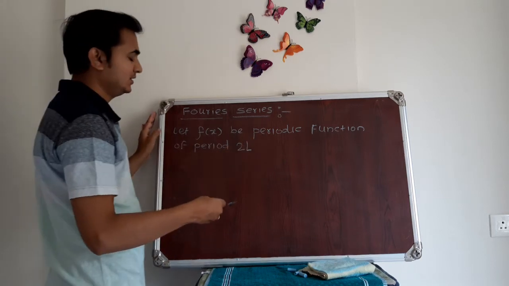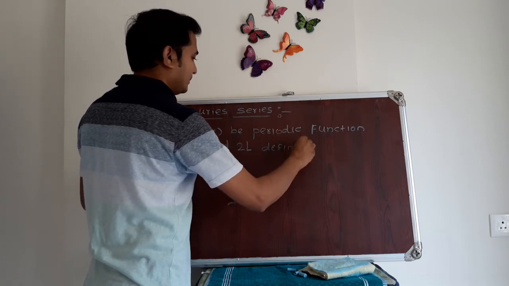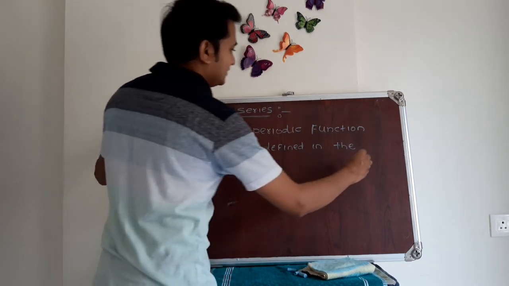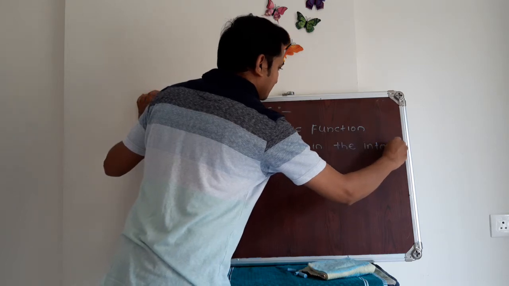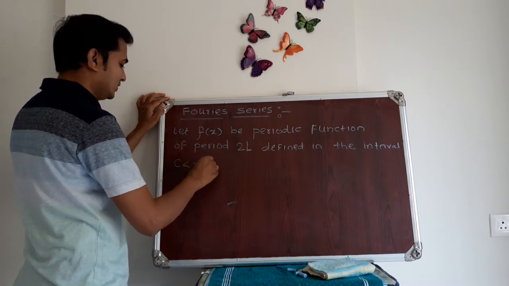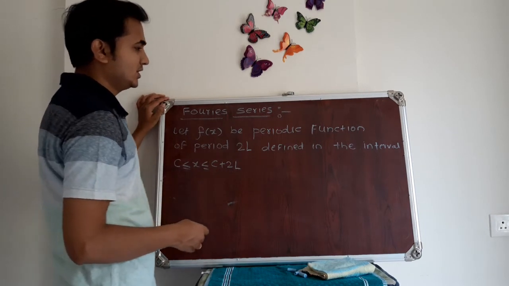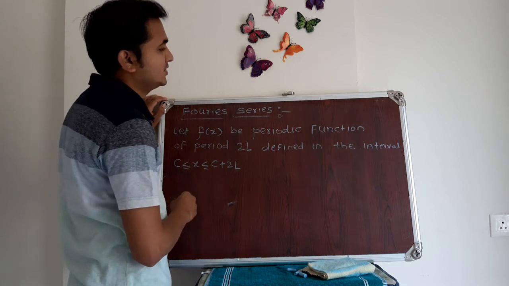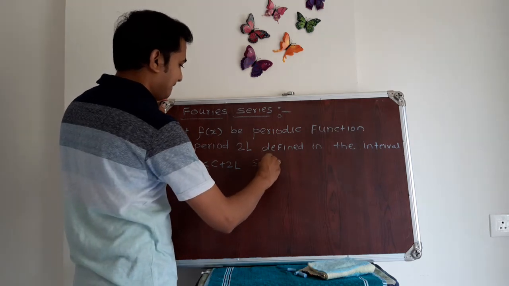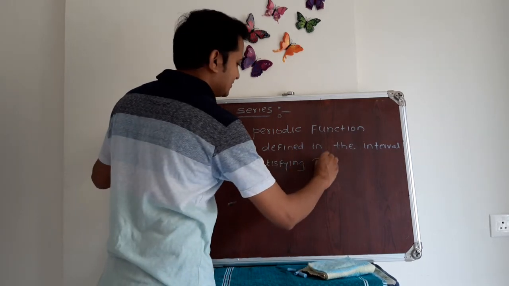I am defining in general, defined in the interval c to c plus 2L, satisfying Dirichlet's conditions.